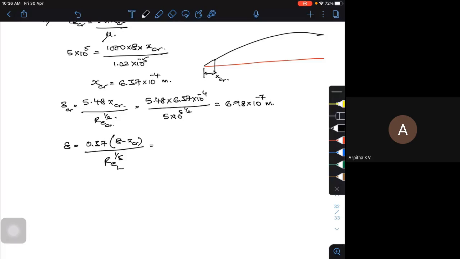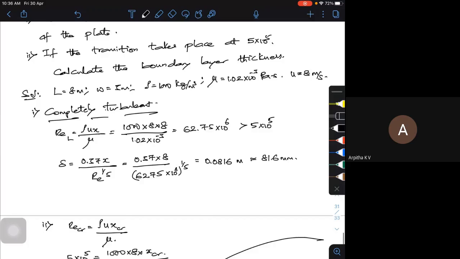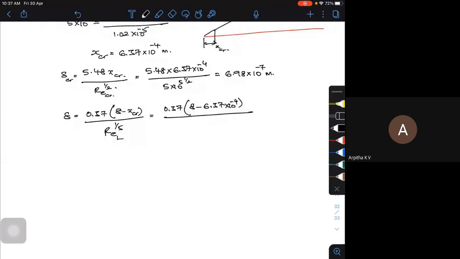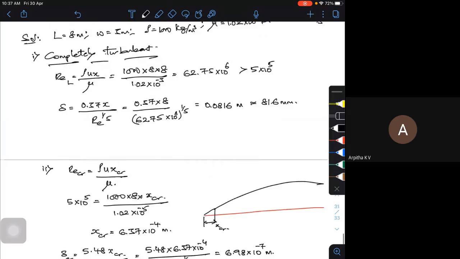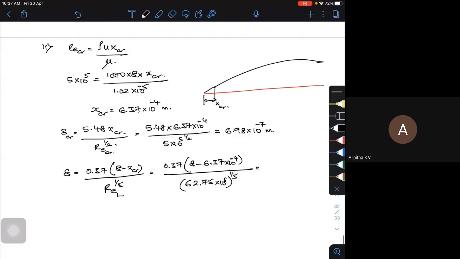So then try to find the delta for the turbulent part. 0.37 into (8 minus 6.37 into 10 to the power of minus 4) divided by REL, which is 62.75 into 10 to the power of 6, whole to the power of 1 by 5. So this will be around 0.07 or 0.08.